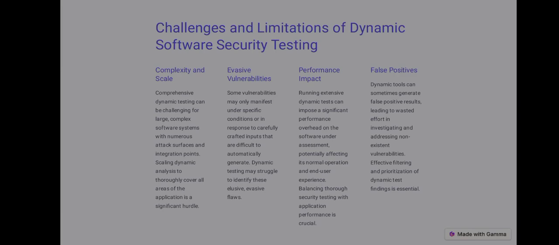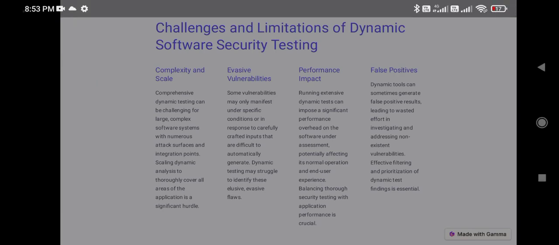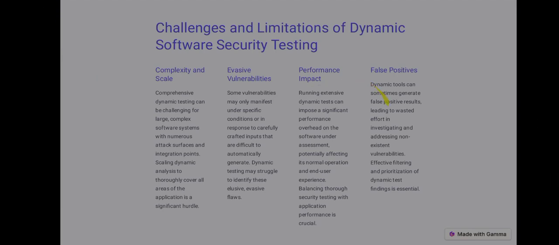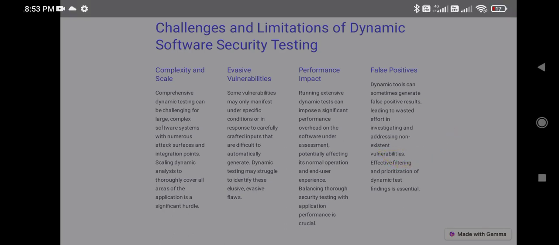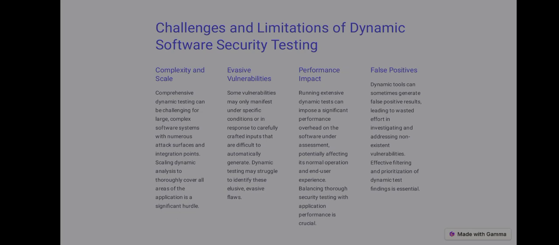Dynamic testing may struggle to identify these evasive flaws. Running extensive tests may lead to performance impact. Dynamic tools can sometimes generate false positive results, leading to wasted efforts in investigating and addressing non-existent vulnerabilities. Effective filtering and validation of dynamic test findings are essential.